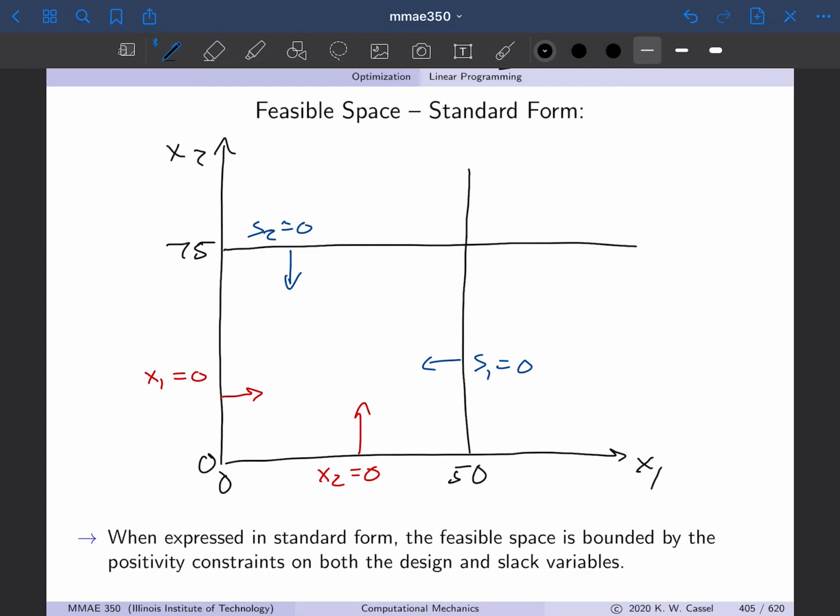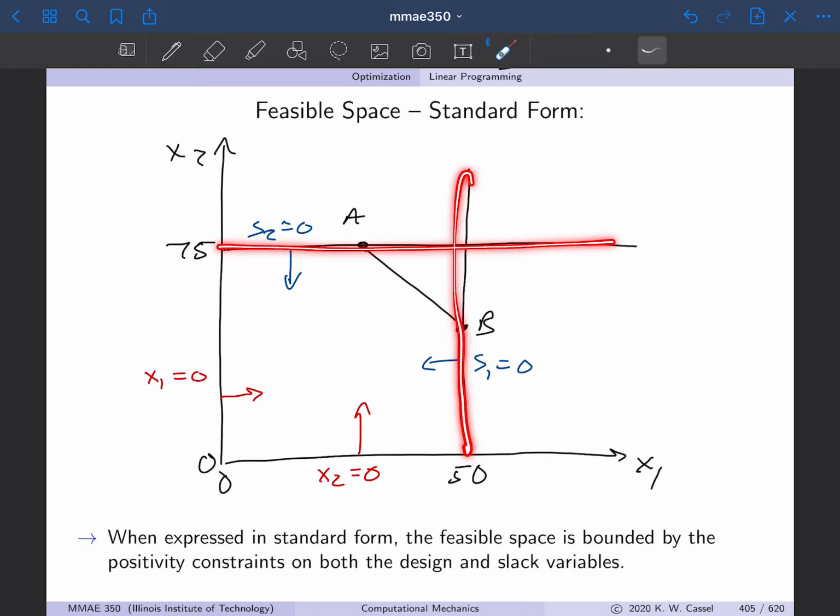All right, and then we have our A and B points as we had before, which define the original equality constraint. So I'll just add that on there for completeness, but again, what we've done now is express this and this inequality constraint now as a positivity constraint on s1 and s2.